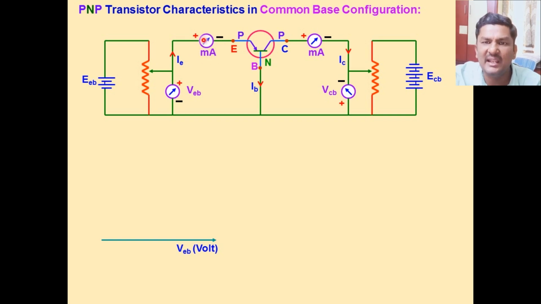In this ammeter we can measure the IE value, the emitter current. This is the positive terminal of the ammeter, and this is the negative terminal, connected to the emitter. So using the ammeter we can measure the IE value.